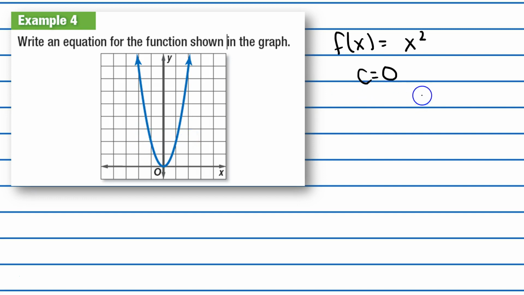Because of that, I know that we have f of x equal to a x squared. And we're just going to say that a must be greater than 1 because it is being stretched. So let's just go ahead and give an example of one. f of x is equal to a number greater than 1. So let's say 2x squared. That's it.